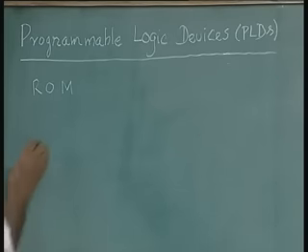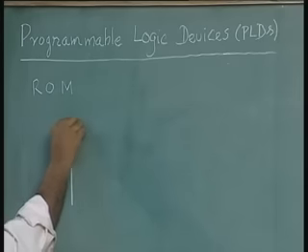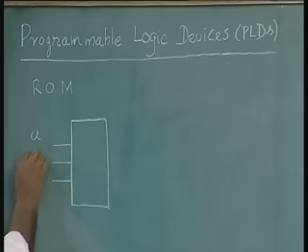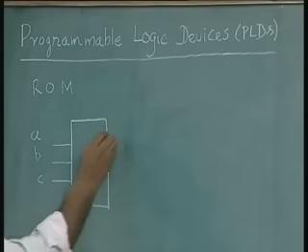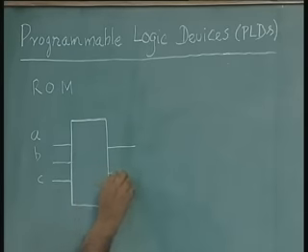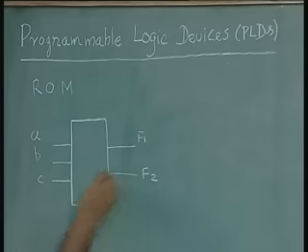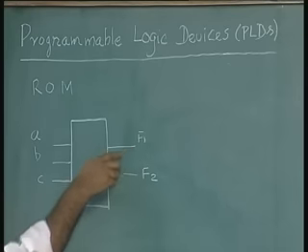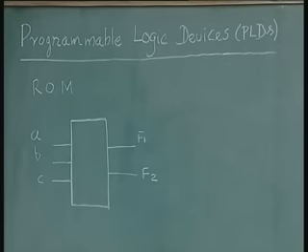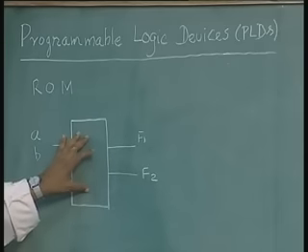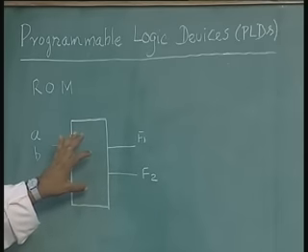ROM will have inputs. For example, I may have A, B, C as inputs, and I may have two outputs called F1 and F2. For F1 and F2 in the truth table you have rows on which they are 1, rows on which they are 0. So, I can map all those 0s and 1s for F1 and F2 in this hardware, then it becomes an implementation.